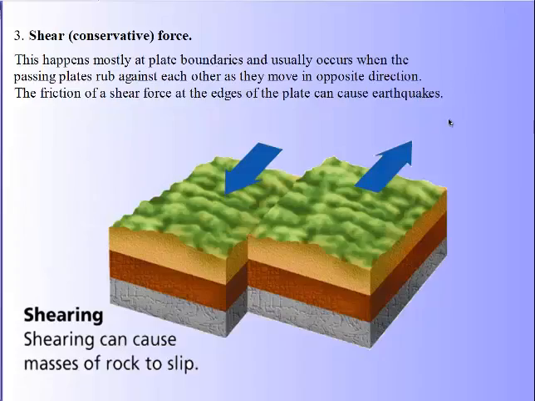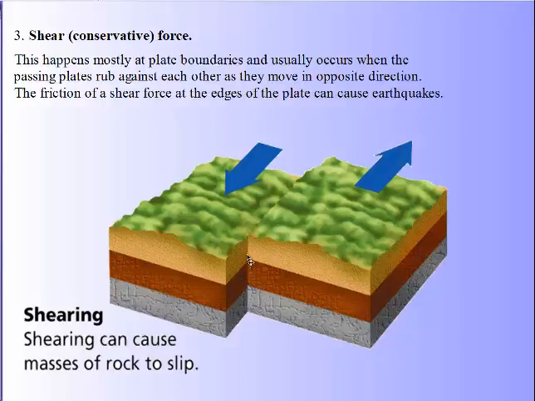Let's look at the shear force, which is also known as the conservative force. This force happens mostly at plate boundaries and usually occurs when the passing plates rub against each other as they move in opposite directions. The friction of a shear force at the edges of the plate can cause what we know as earthquakes.